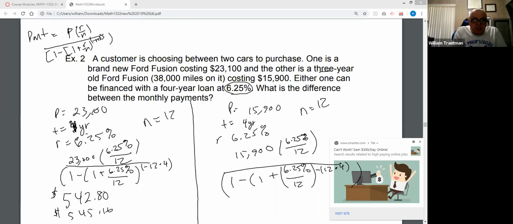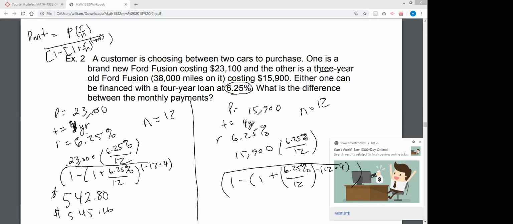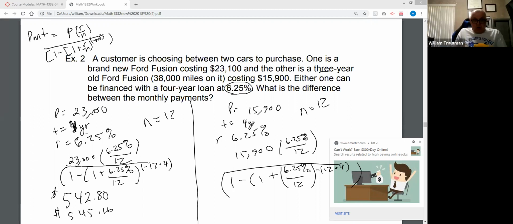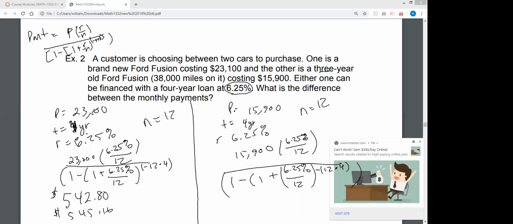Anybody else got something? We'll find out who's right. Oh, I see what I did wrong. I forgot a parentheses. I'm going to add the parentheses. Yeah, I also got 545.16.